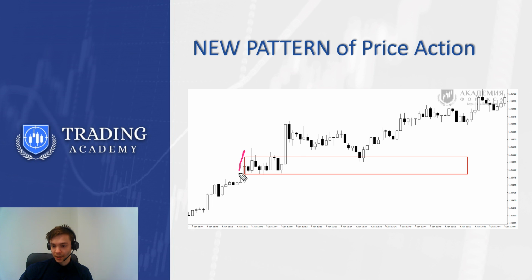And before that, we saw some accumulation, and this is a place where usually bigger players, whales, try to accumulate a position with an average price. It's like they have orders here, here, here, and they have some average price somewhere here, and they would like to speculate for a bigger movement.